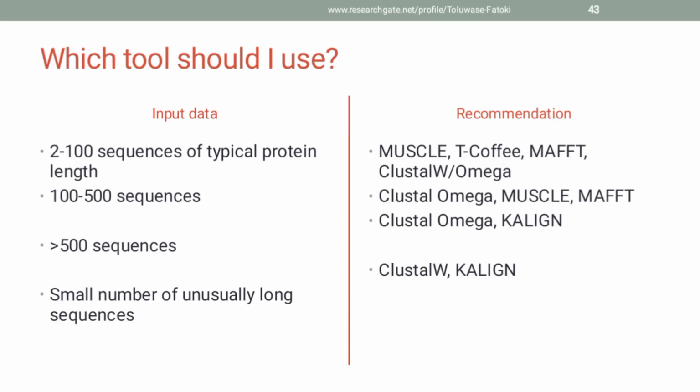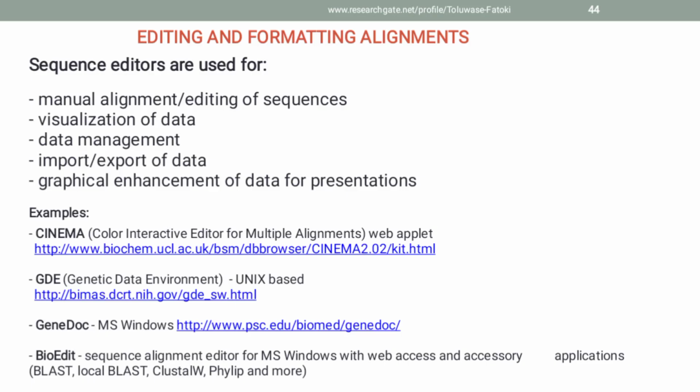If it's greater than 500, specifically for protein, Clustal Omega can handle that easily, and KAlign can handle that easily. But when you have a small number of unusually long sequences, then Clustal W and KAlign will help you with those analyses.